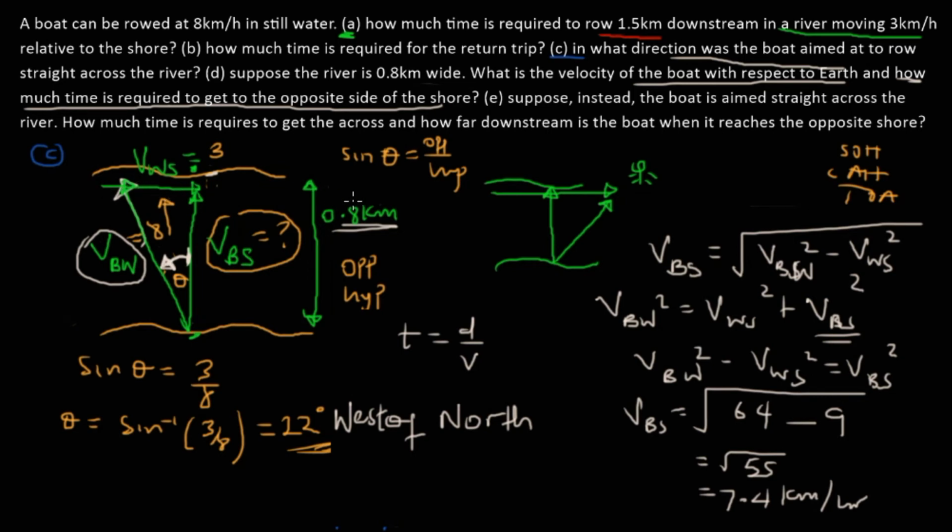VWS is moving downstream, so it is the one that is straight up that will help us move across the river. So we can say the distance, which is 0.8 kilometer, upon the velocity, which is 7.4 kilometer per hour. If you do this correctly, you should arrive at about 0.